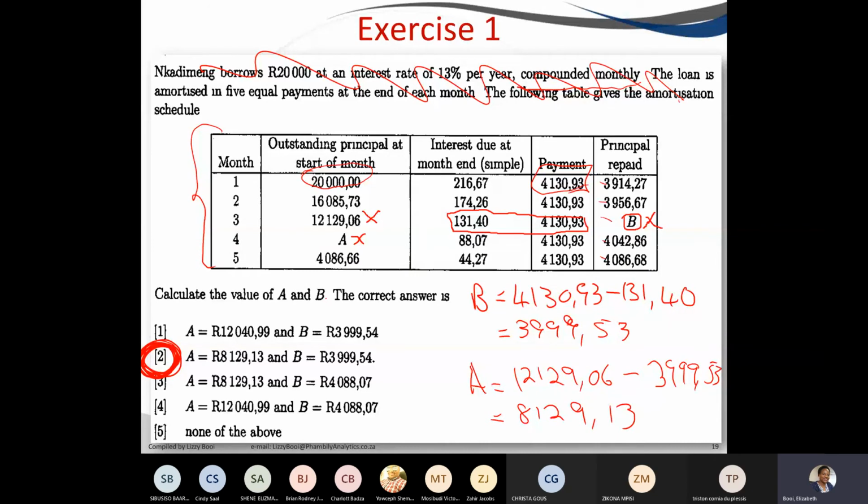Then you should be able to calculate the payment and the rest of the other values and complete it. So next time you are in the exam and they give you a table, don't confuse yourselves. Just look at what you are given and use that information to calculate the amortization schedule.